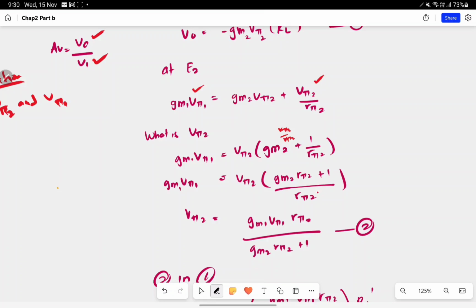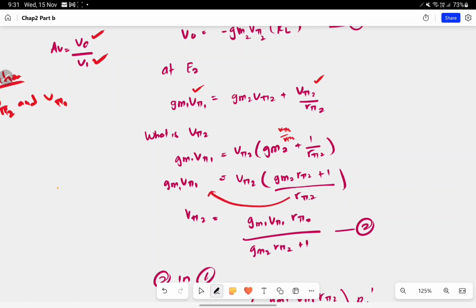Okay, now I want a relation between V pi 2 and V pi 1. I want to know what the equation for V pi 2 is. So I bring all the right side into the left side. We know that V pi 2 equals GM1 V pi 1 times R pi 2, because it divides in the right side.